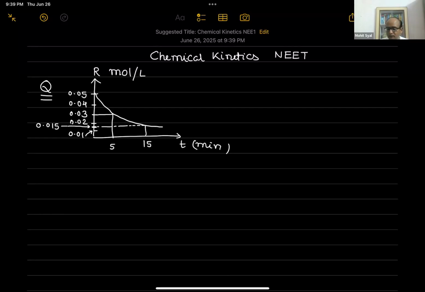So the concentration of the reactant is continuously decreasing, and I have given you the graph of the concentration. You have to tell me the average rate of consumption or disappearance. It is one and the same thing.